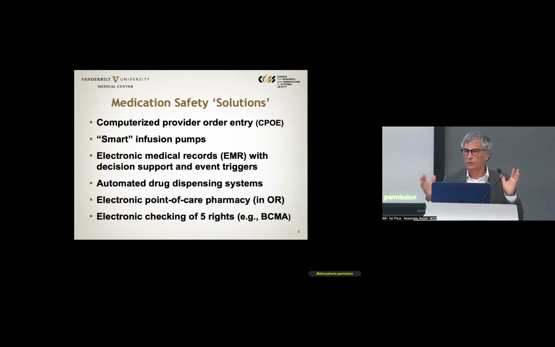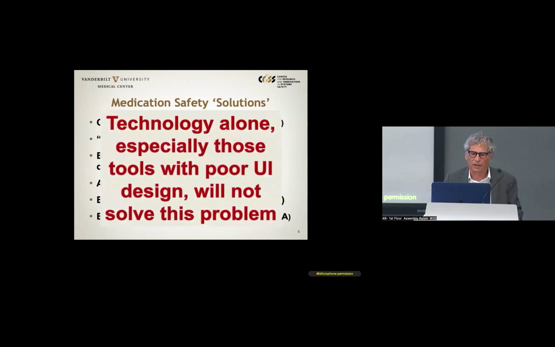I view these as tools, and tools can be used well and not so well, and they can be designed well and not so well. And I would argue that none of these current tools are well designed, and technology alone, especially tools with poor UI design, is not going to solve our problem. You need to take a bigger view.